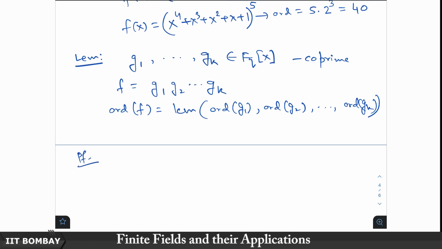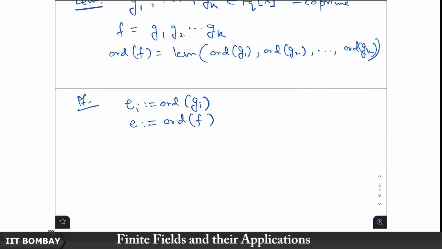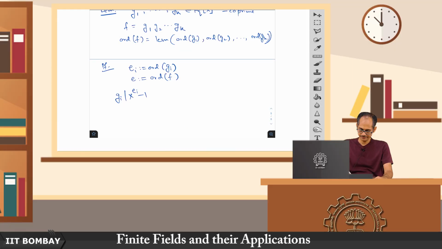Let us prove this. Again, the proof is quite elementary. Suppose I call e_i the order of g_i, and I call the order of f as e. Then we know that g_i divides x^(e_i) minus 1, but because e is divisible by e_i, this implies that g_i divides x^e minus 1.